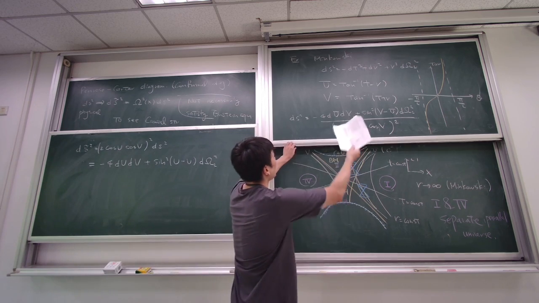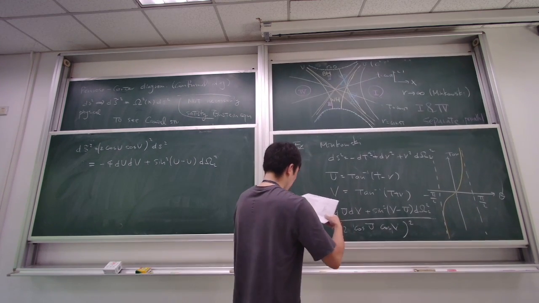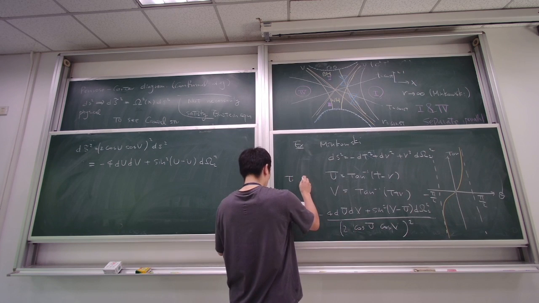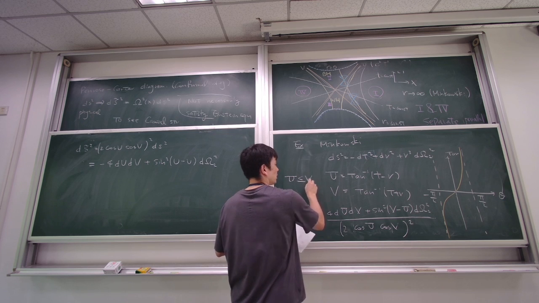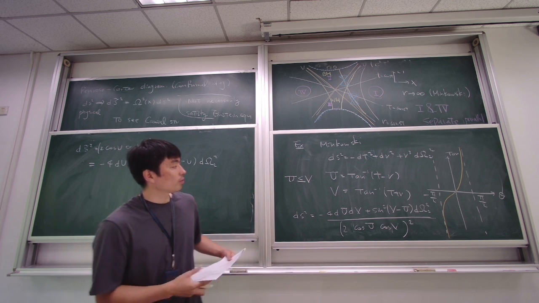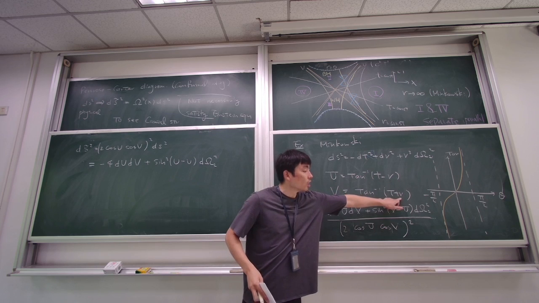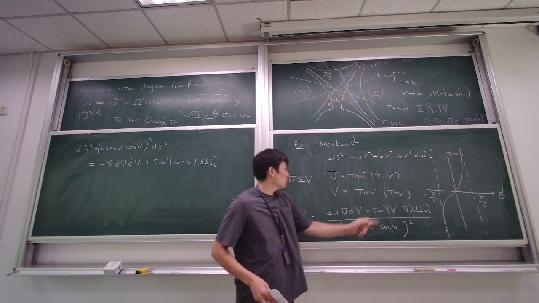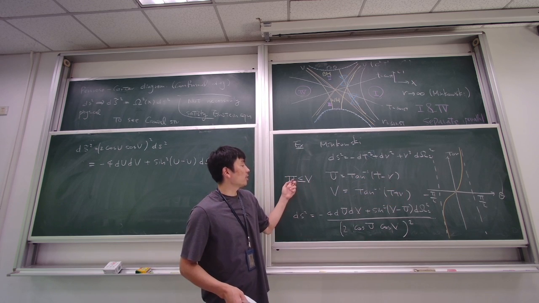The reason why I did that: u and v are like this, since we assume that r is positive. Therefore v has to be greater than u.